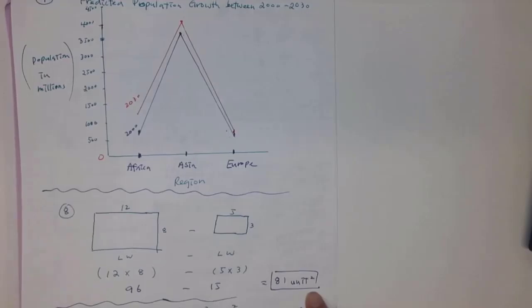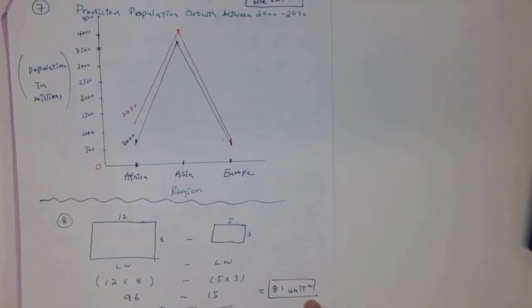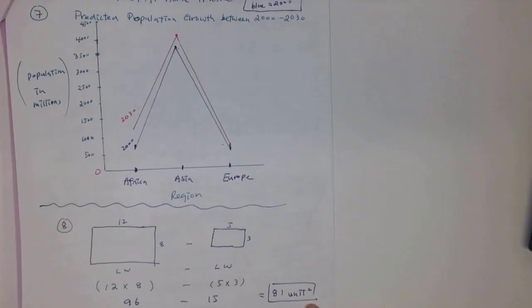Okay, who's doing number 9? Jasmine. So number 9 is a right triangle, and then we give you two sides.